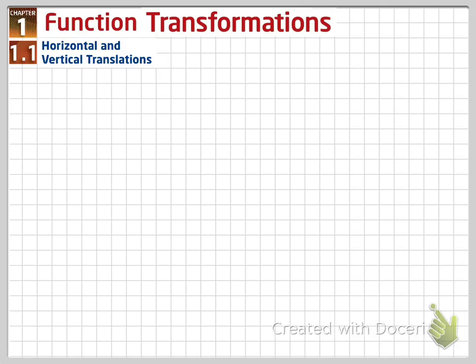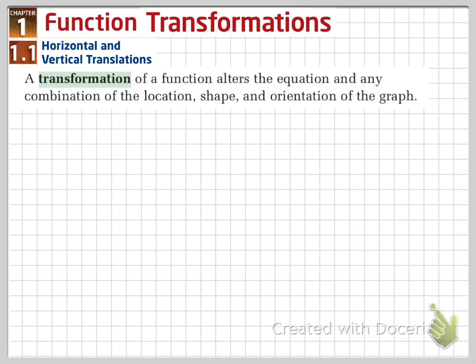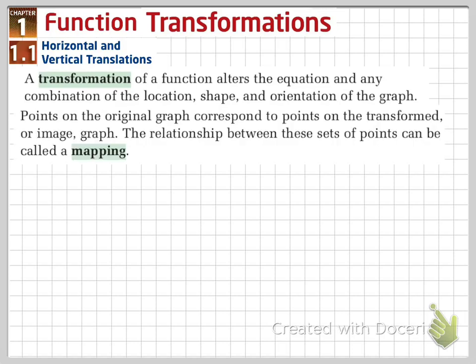Now you might remember that earlier from math, translations are slides. A transformation of a function alters the equation and any combination of the location, shape, and orientation of the graph. Points on the original graph correspond to points on the transformed or image graph.